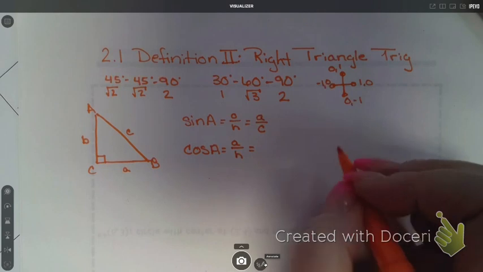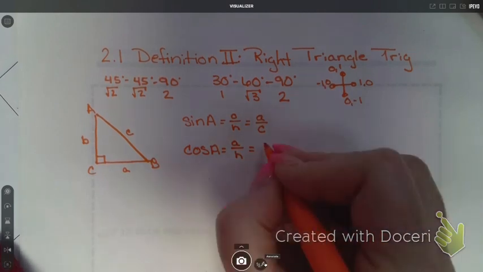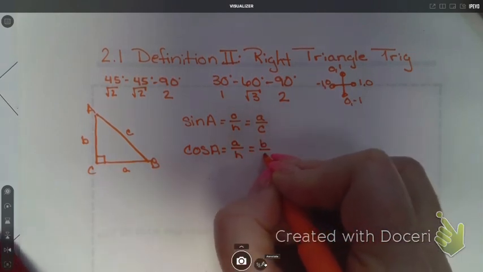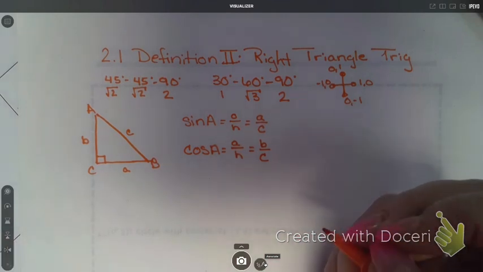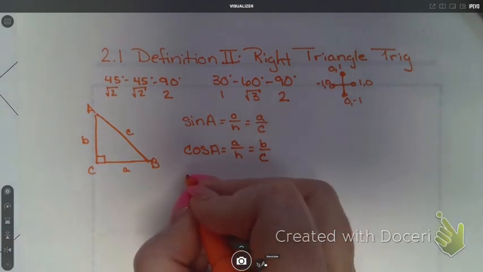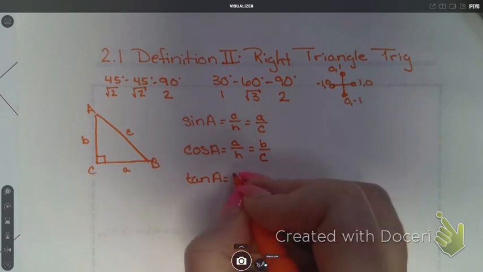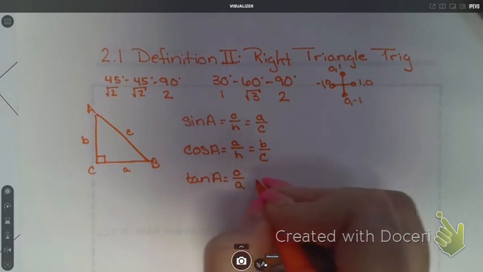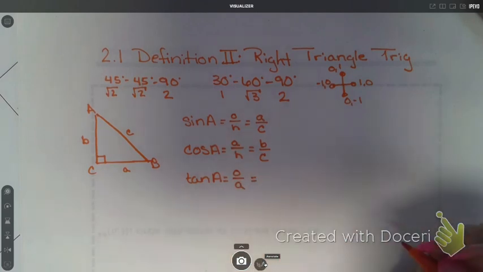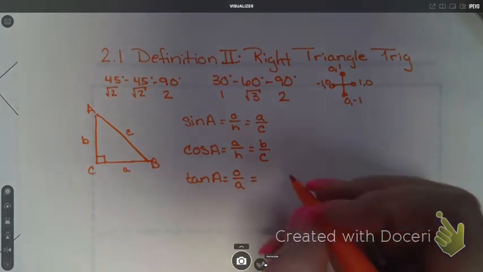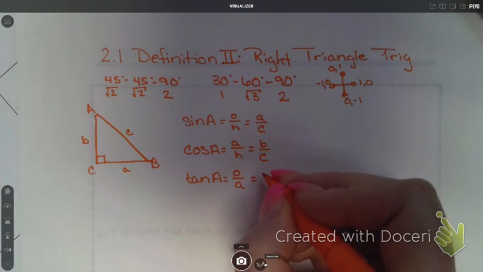So adjacent to A is B. And hypotenuse is still C. Tangent of A? Opposite over adjacent. And so we get A over B.